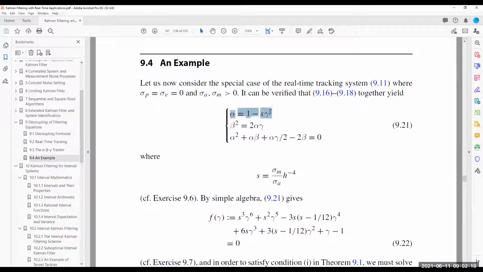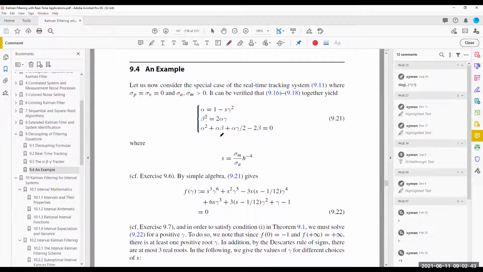To solve these equations, you see beta appears in two equations, and alpha and gamma both appear in three equations. So we can first eliminate beta. How to do it?